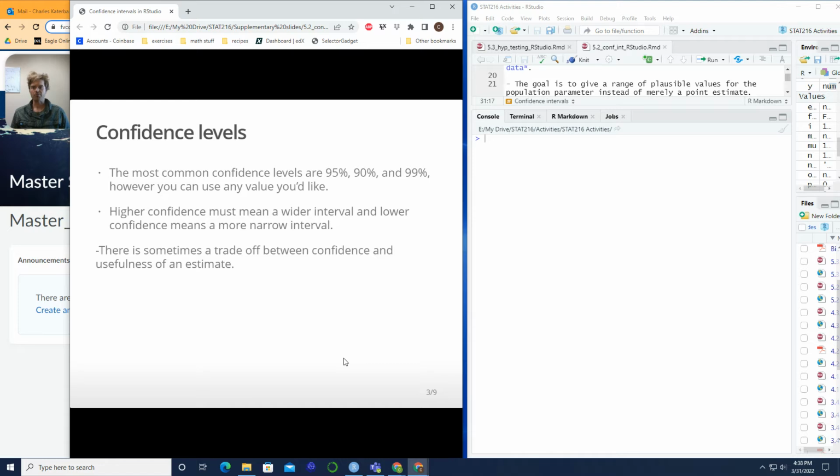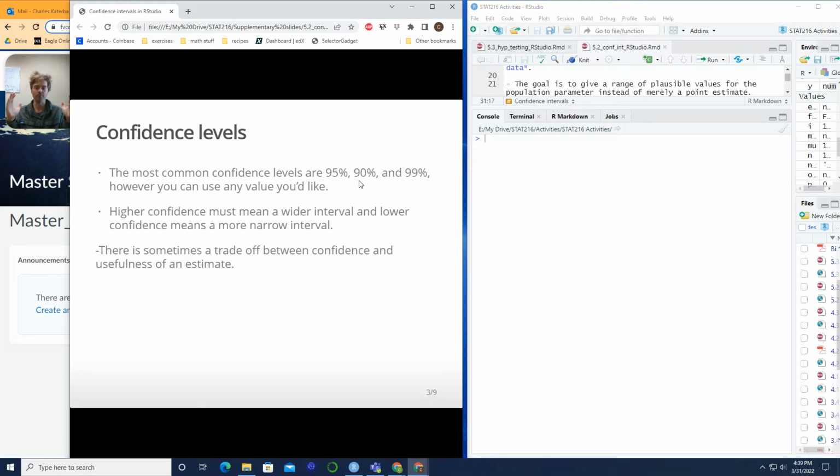So where do the confidence levels come from? Well, the most common ones are 95, 90, and 99%. But as you'll see in the homework, you can use any confidence level you'd like. If we have a higher confidence level, we want to be more sure that our interval will capture the true population parameter. If we want to be more confident in that, the interval itself needs to be wider.